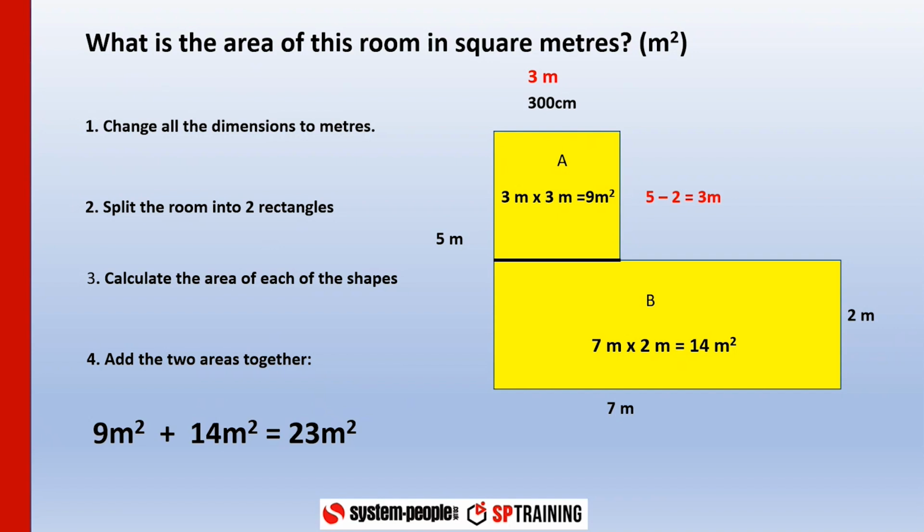So the biggest key then for finding the area of an L-shaped room is to split it into 2 shapes, a rectangle and a square, or 2 rectangles or 2 squares, and then calculate the area of each shape and add the 2 together, and making sure that all your dimensions are in the right unit, whether it's meters that it's asking for, square meters, or it is centimeters squared or kilometers squared, whatever it's in. Make sure that you've changed your lengths into those.